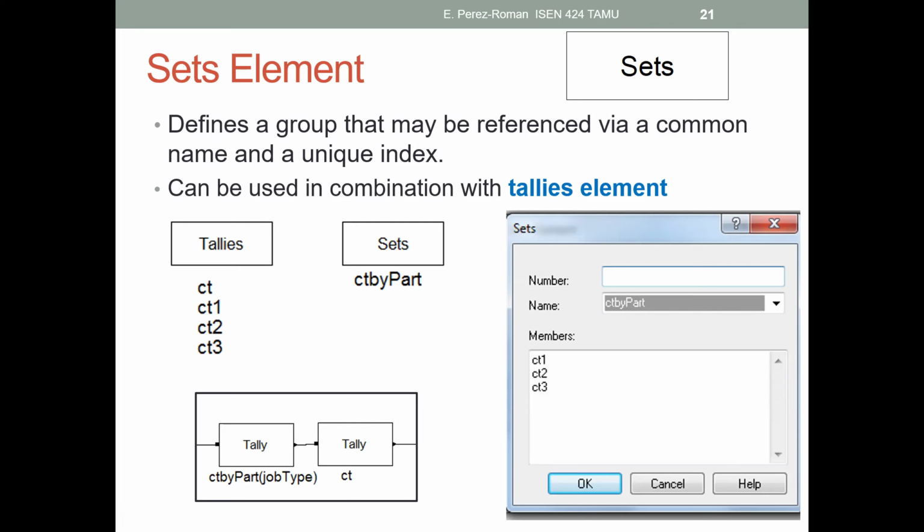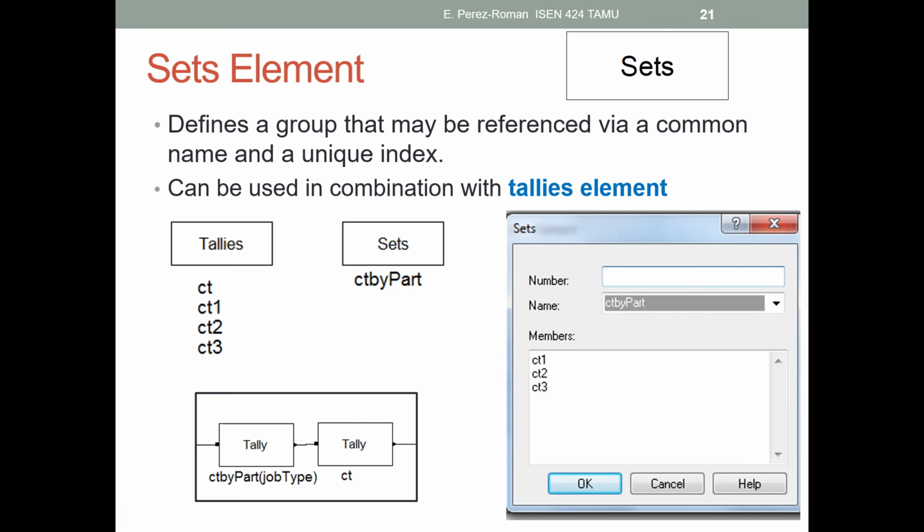Or you can use a set element to do the same thing without having to incur the logic of adding that additional branch and those additional tally blocks. So that's what we are trying to illustrate here. You can define a set name, cycle time by part or CT by part, and then you tell it what the members are, right?